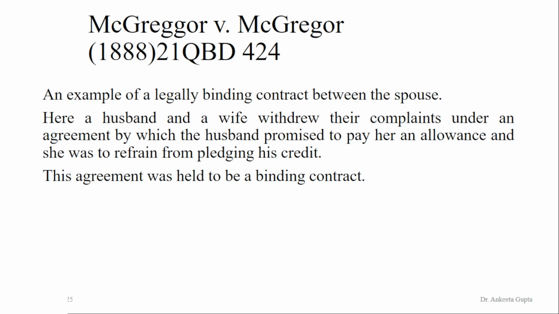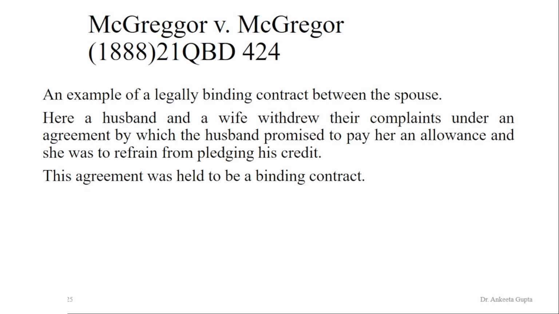went about pledging her husband's credit, because as you can see the timeline, this belonged to an era where wives of the men were allowed to pledge the credit of their husbands. So the wife went about pledging credit of the husband, and then there were complaints made against each other by both husband and the wife.